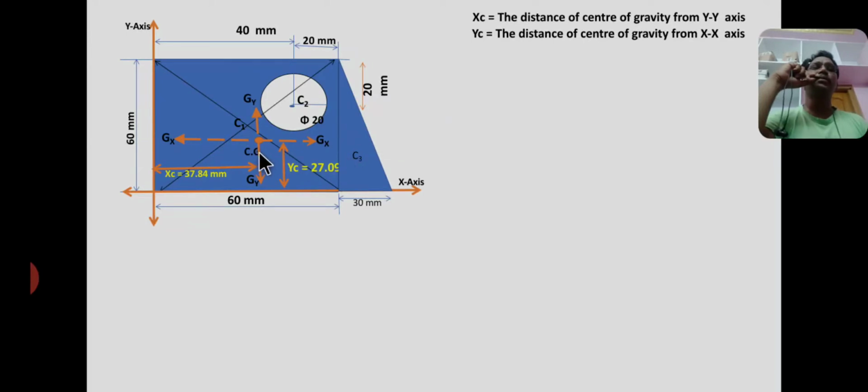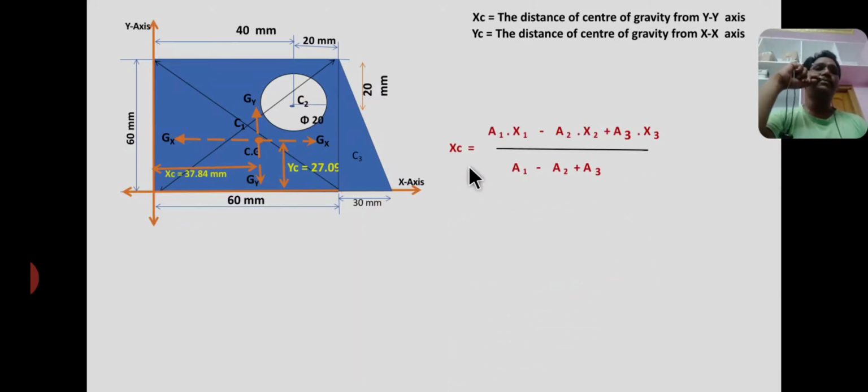That means the vertical distance between centroid and x-axis is called yc. So this is yc, this is xc. The horizontal distance between y-axis and centroid is called xc, and the vertical distance between centroid and x-axis is called yc.